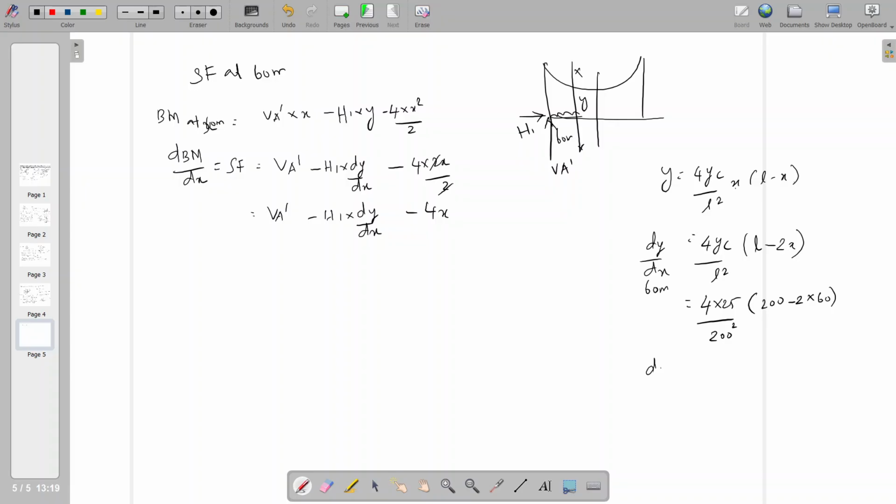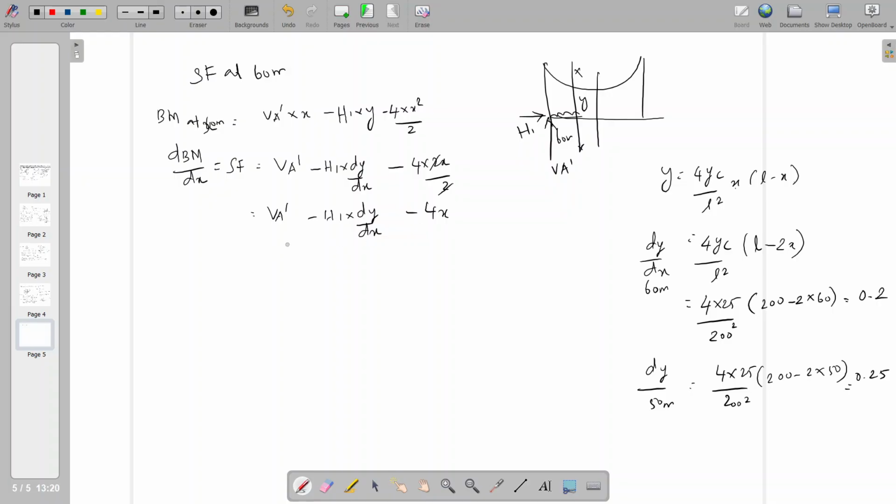The same can be calculated for 50 meter from the right side: 4 into 25 by 200 square, into 200 minus 2 into 50. We need this value for the shear force calculation. So please calculate this value, which is 0.2 and 0.25. I got 0.2 and 0.25.